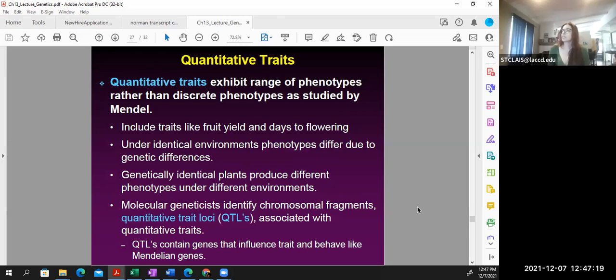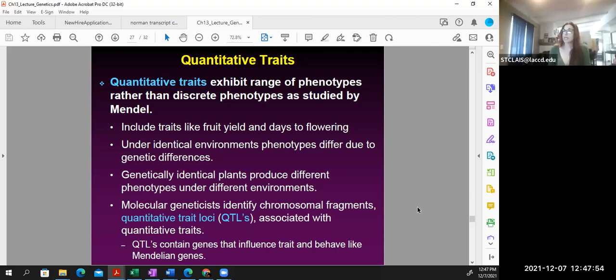Now, in terms of quantitative traits, those are going to be traits that occur over a range rather than just having discrete outcomes. So a good example of this would be height or yield, whereas a discrete trait would be something like flower color, where you only have two possibilities, like white or purple. Days to flowering is also going to occur over a range of values, so you're not expecting all of the individuals to flower at the same time.